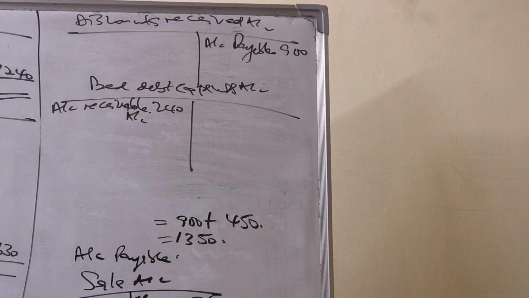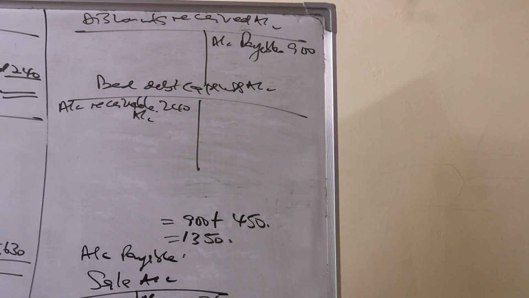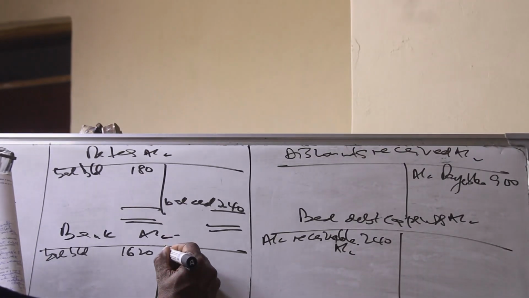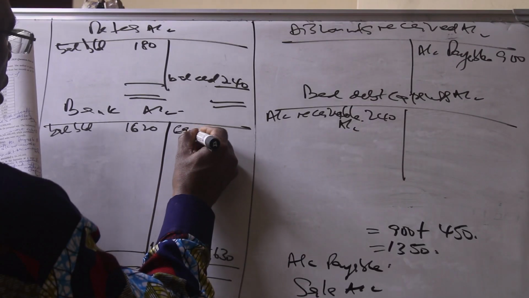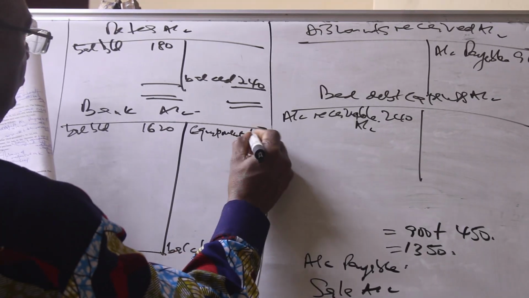Additional information number 6, you're told. On 1st of April 2019, remember, 1st of April 2019 is mid-year, Regina purchased some equipment for use in business at a cost of 600,000. So we are not actually depreciating. We are purchasing equipment through bank, 600,000.